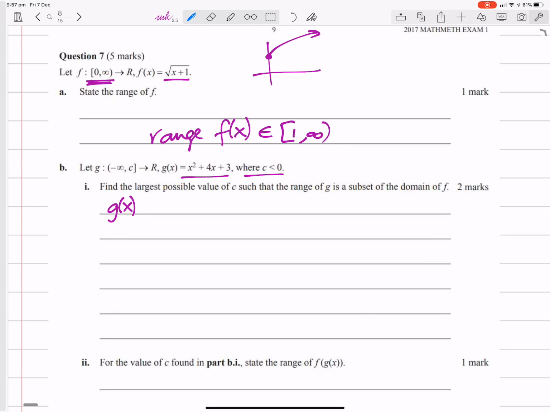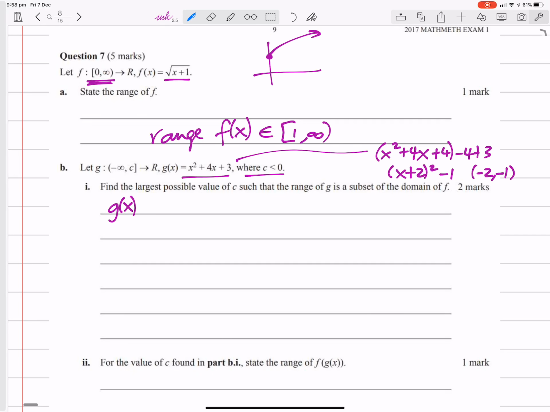We don't know what its range is at the moment, so we can find that. Complete the square: x squared plus 4x, half of 4 squared is 4, minus 4 plus 3, so we get x plus 2 squared minus 1. So our turning point is minus 2, minus 1.